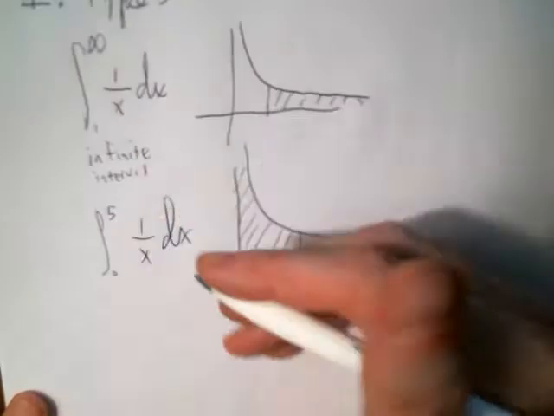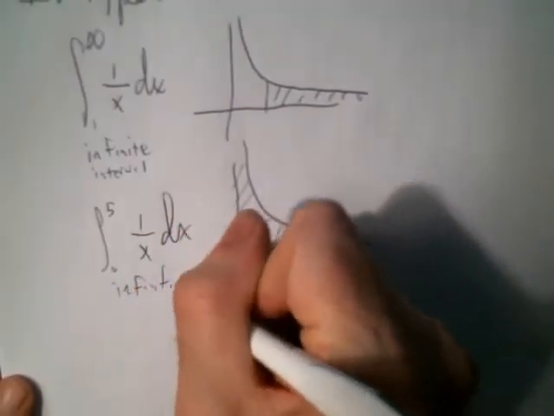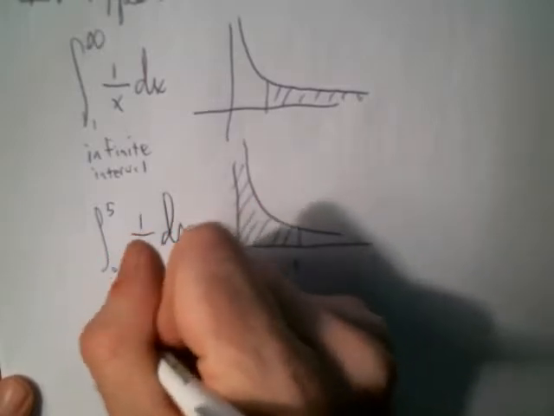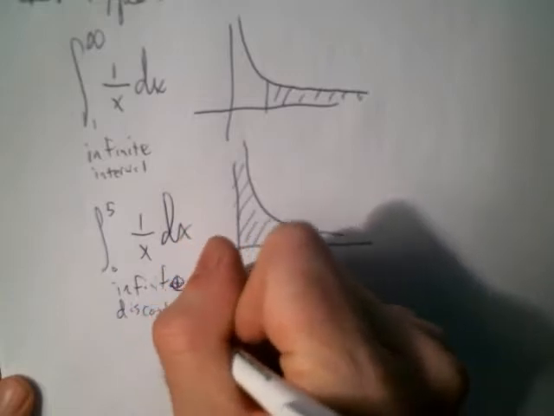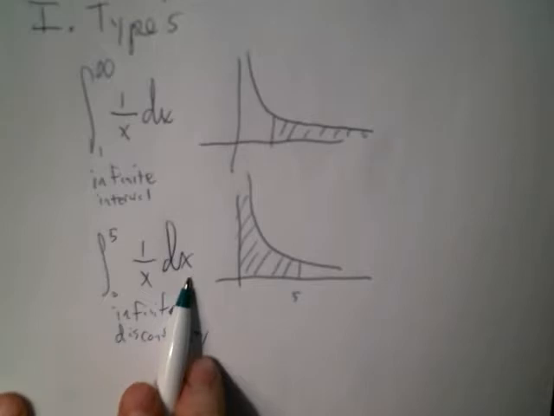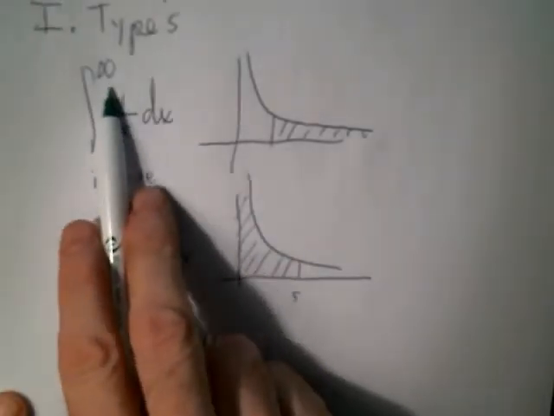Other types: you can have combos of both the infinite interval and the infinite discontinuity. This thing's an infinite discontinuity. This guy obviously isn't as identifiable as this guy in the wild. This guy has a big red flag sitting there.